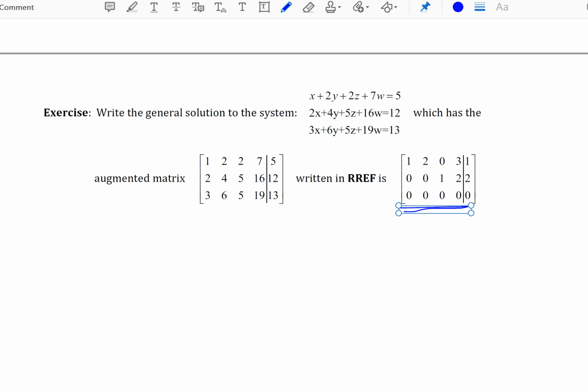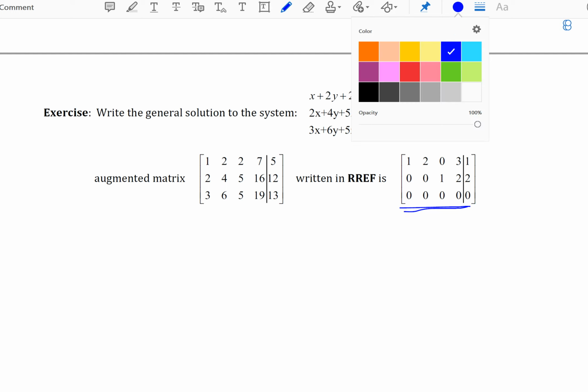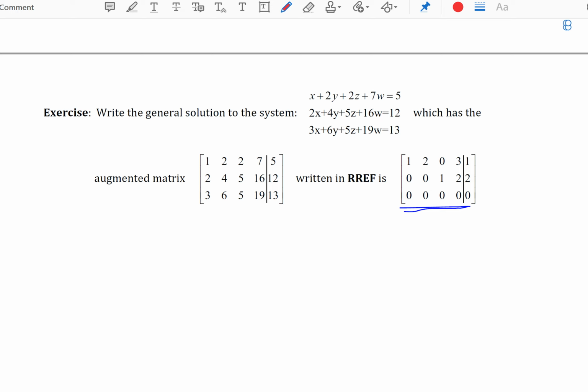What you'd like to be able to identify from this step is which are your pivot variables. That'll correspond to this value in the matrix and this value in the matrix. So our pivot variables: this value would correspond to the x variable, and this one in your third column would correspond to your z variable.